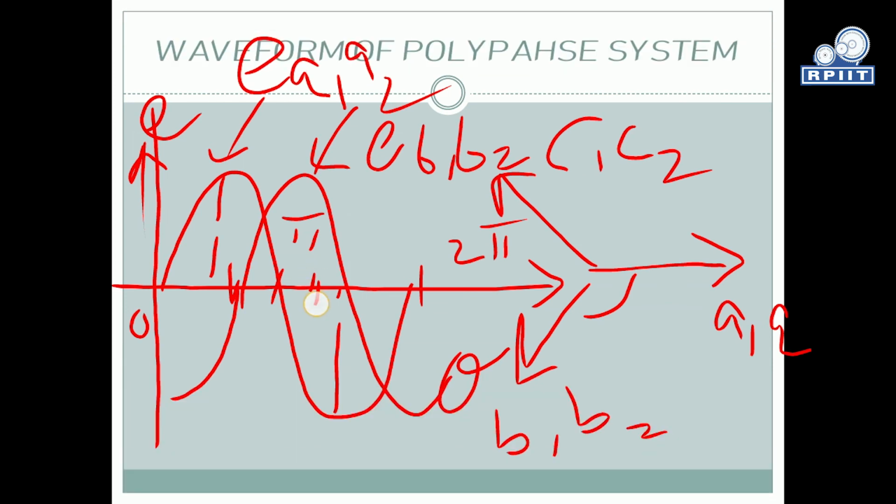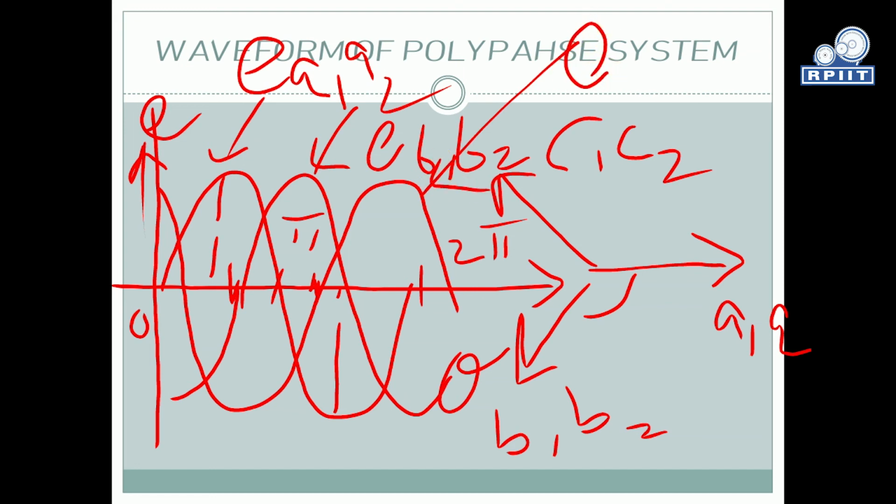So from here we will plot. Now this one is the waveform for phase C, EC1, C2. Now this is called the phase sequence.